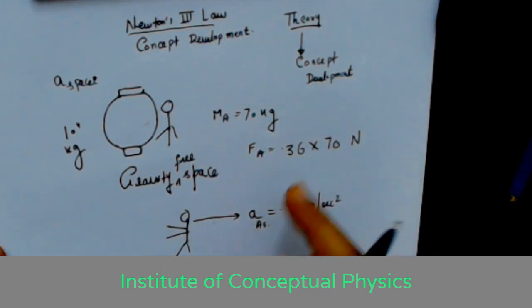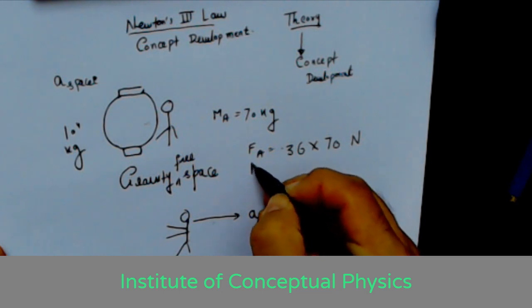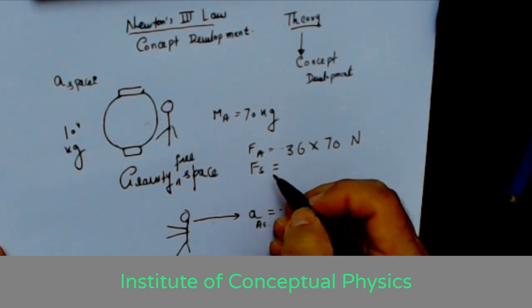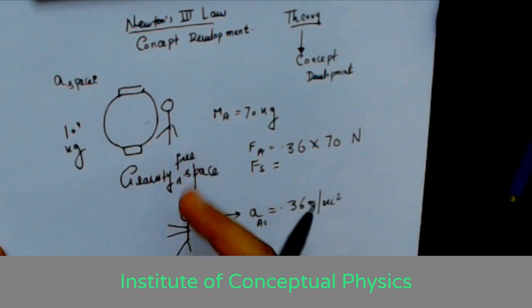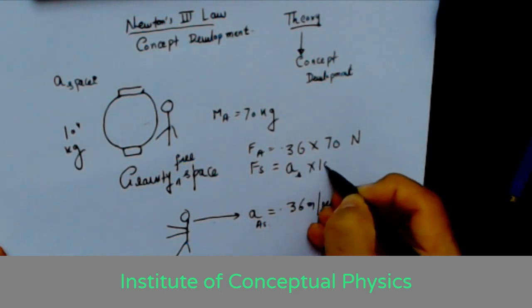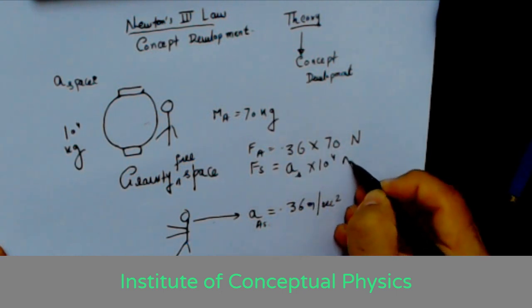So the spacecraft should also get the same equal amount of force because it's action and reaction. And for the spacecraft, the acceleration we don't know, we want to find out, but the mass is known to us. So this is these many newtons.